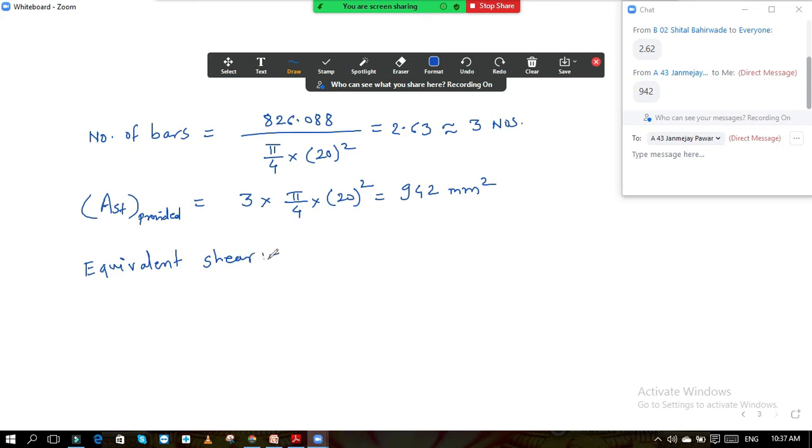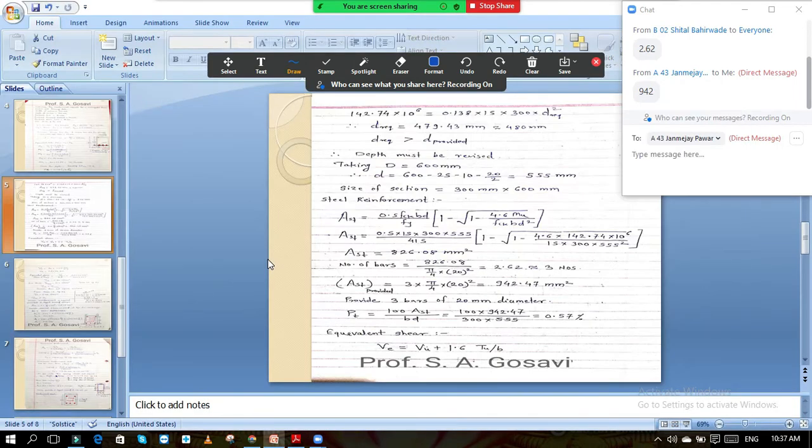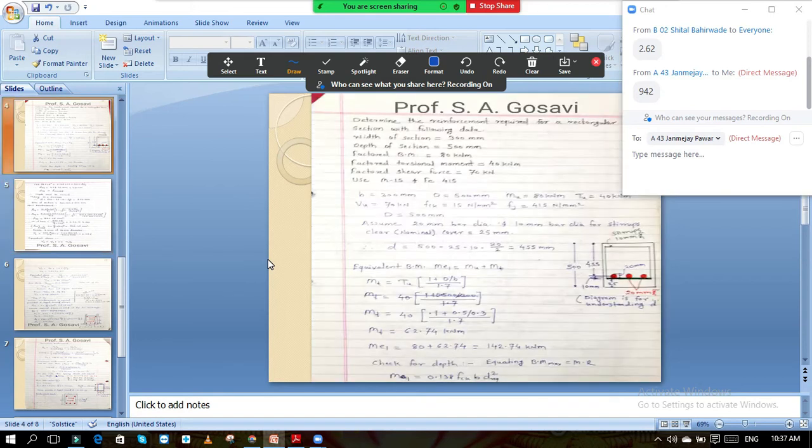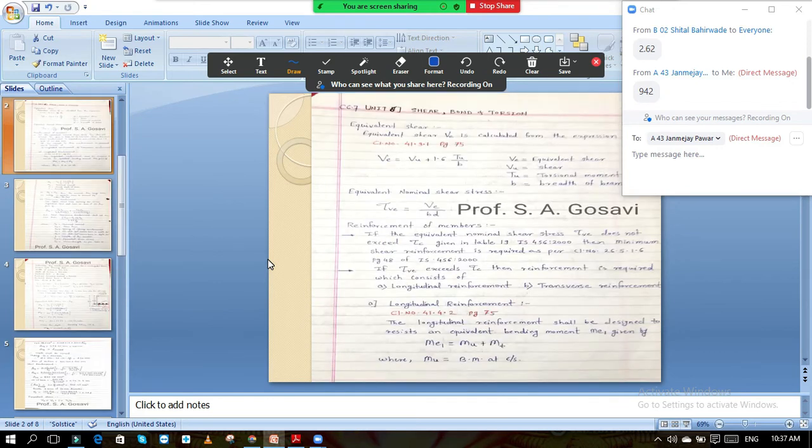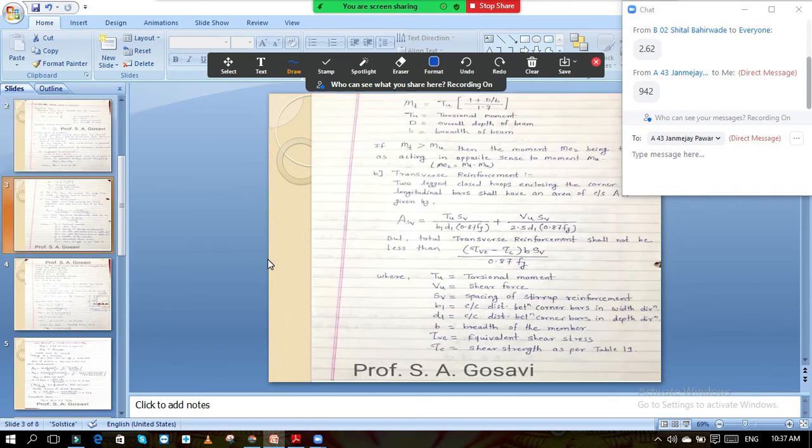So how do we calculate this equivalent shear? It is calculated as VE is equal to VU plus 1.6 TU upon B. It is given in clause number 41.3.1, page number 75. We have already discussed this.